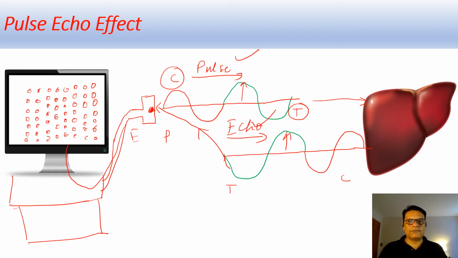When they unload all their information on the display in the form of dots, all these dots together make scan lines, and these scan lines make an ultrasound image.